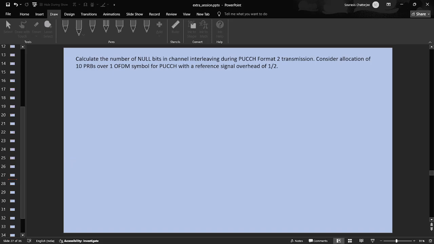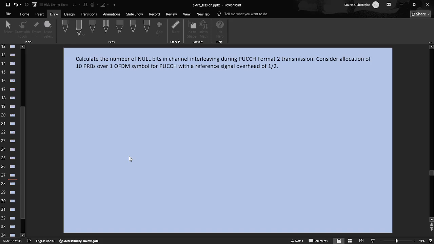So you have to calculate the number of null bits in channel interleaving during PUCCH format 2 transmission. So allocation of 10 PRBs over one OFDM symbol with a reference signal overhead of 1 over 2.